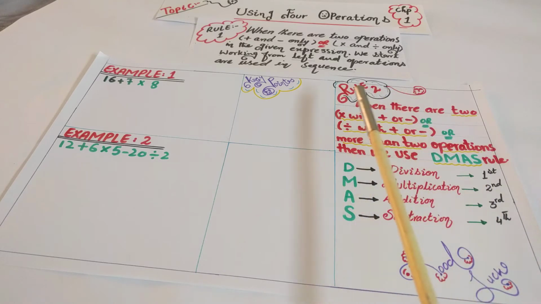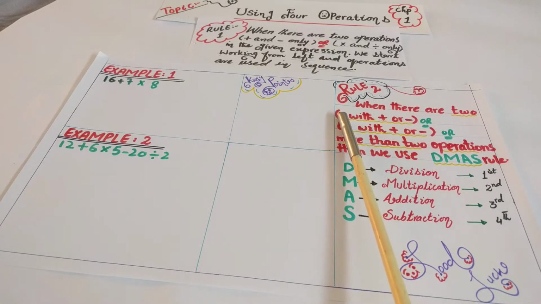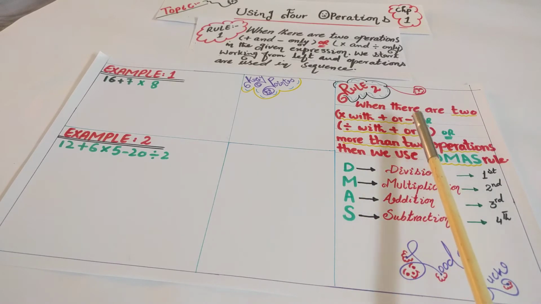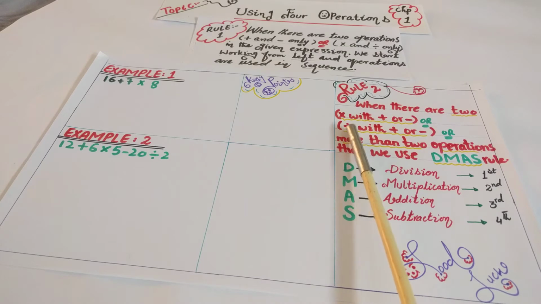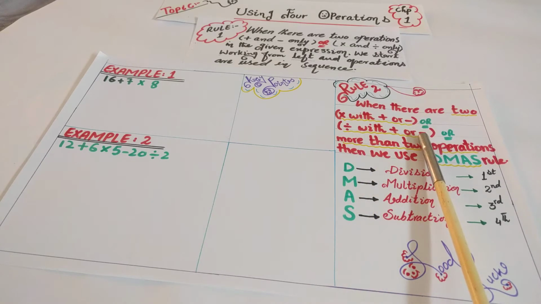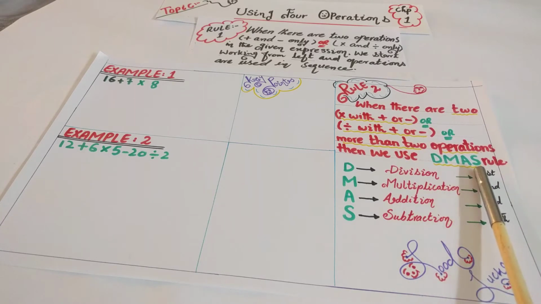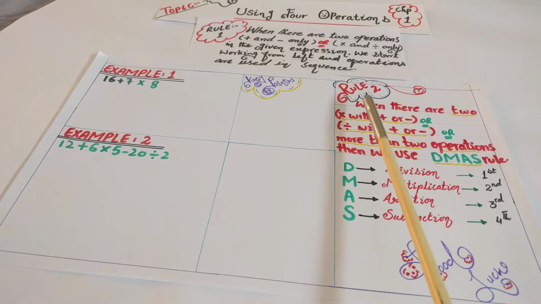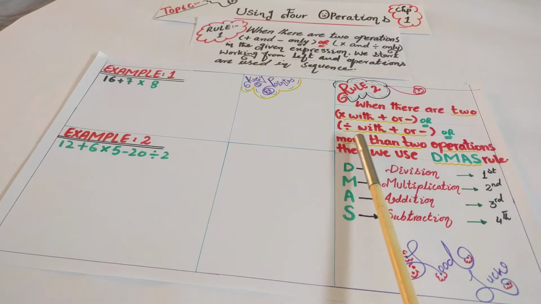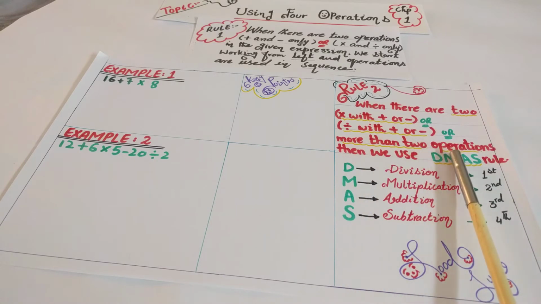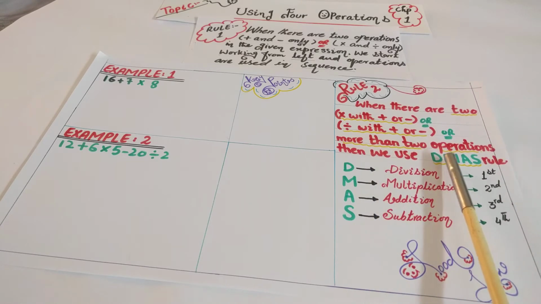When there are two operations, multiplication with plus or minus in the given expression, or if the division operation is with plus or minus, then we use the DMAS rule to solve the expression. Secondly, if there are more than two operations in the given expression, then we use the DMAS rule.